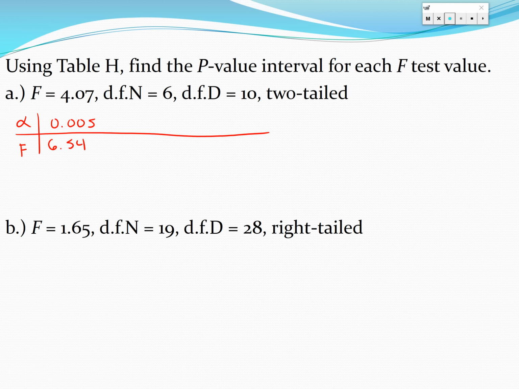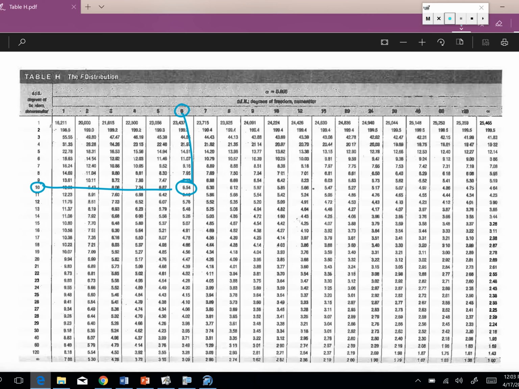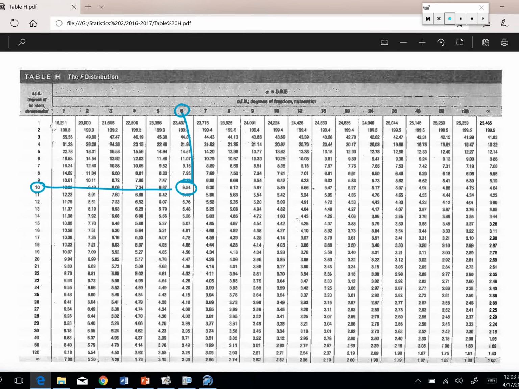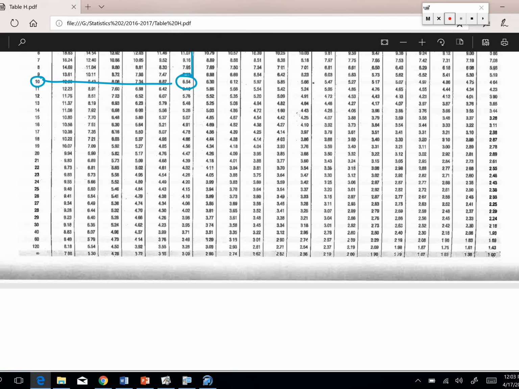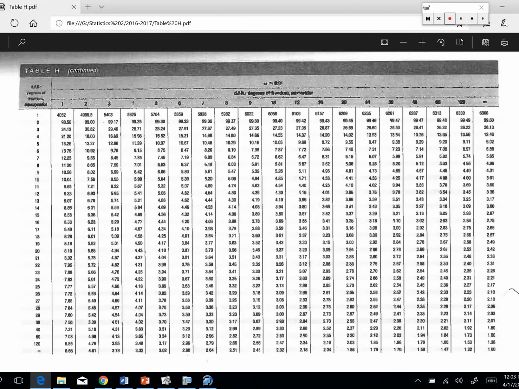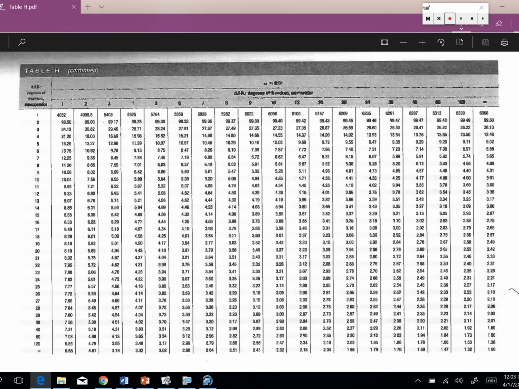So next we go to where alpha is 0.01. Degrees of freedom numerator was 6. Denominator was 10.